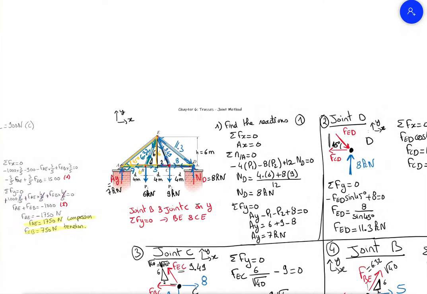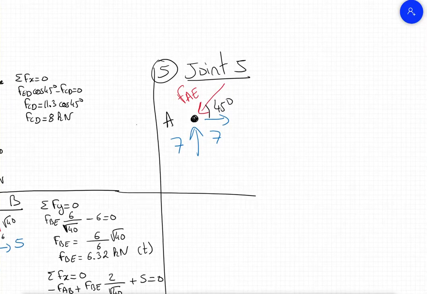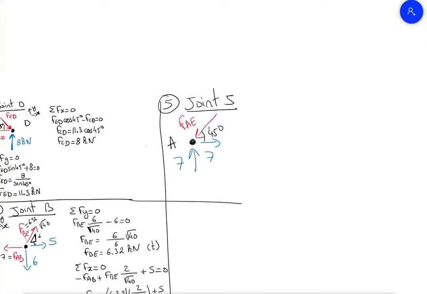Okay, so let's solve for this joint. But I write so big. We can solve with the sum of the forces on the y equal to 0. So we have minus FAE y, which is sine 45 degrees, plus 7, equal to 0.